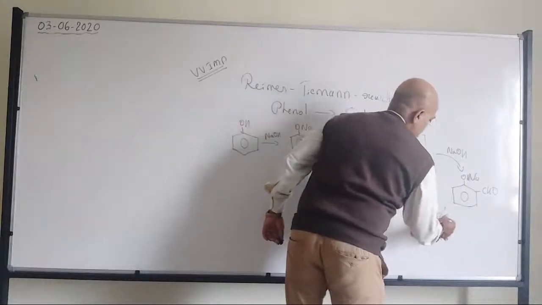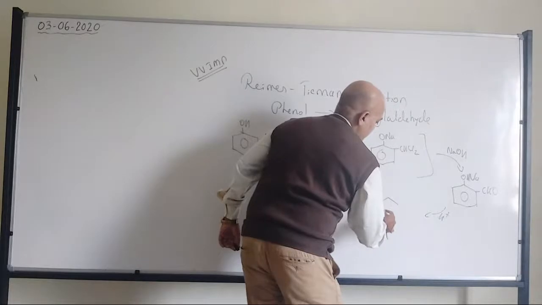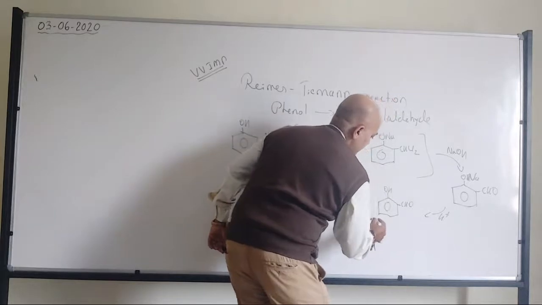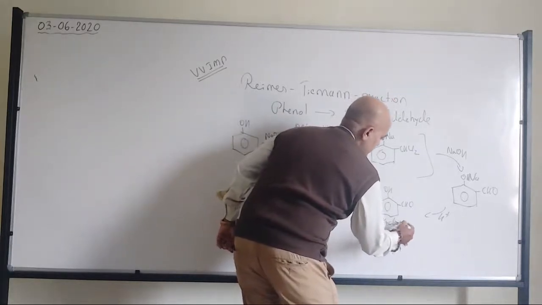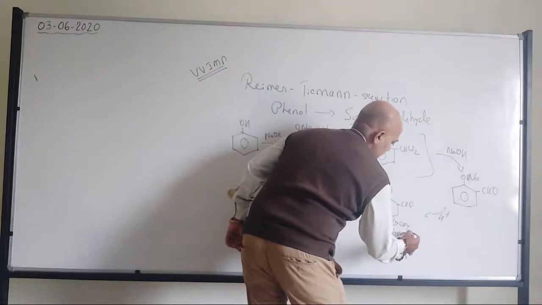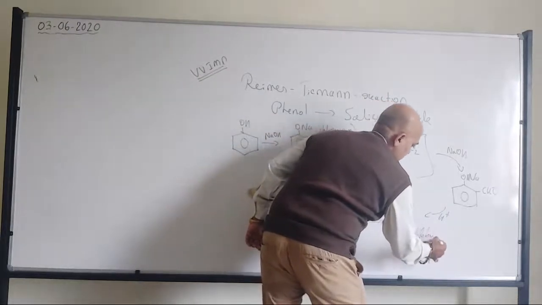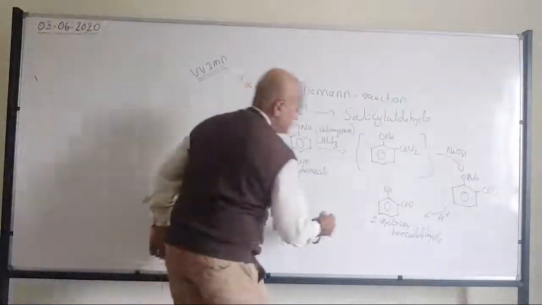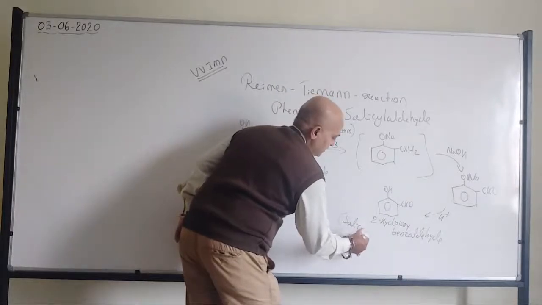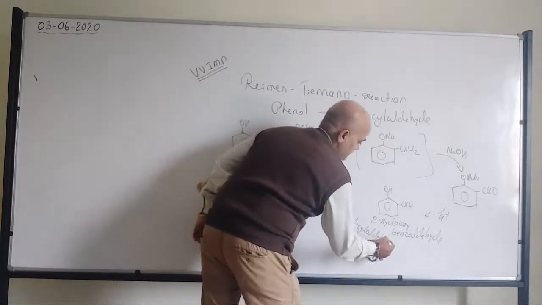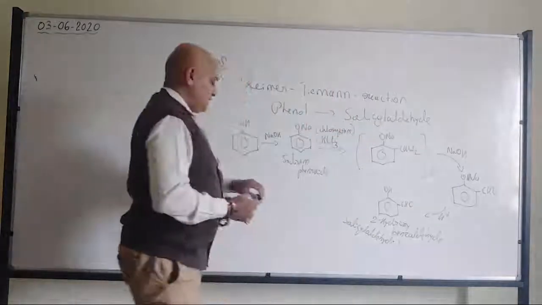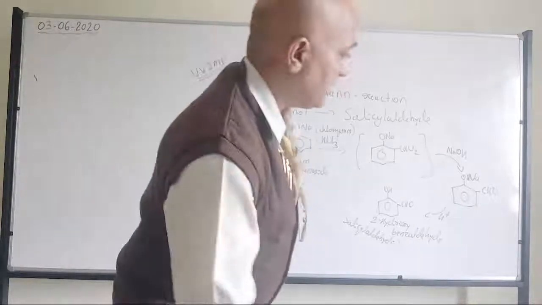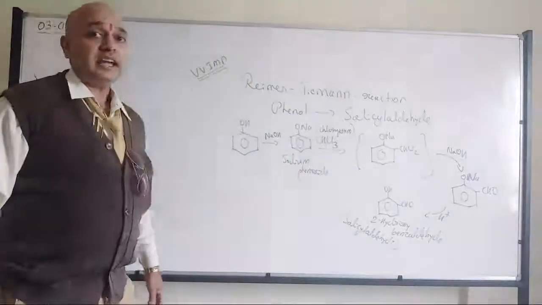Now the last step is naturally acidic condition, where we are going to get OH, CHO, that means 2-hydroxybenzaldehyde, which can be called salicylaldehyde. So this is the Reimer-Tiemann reaction.